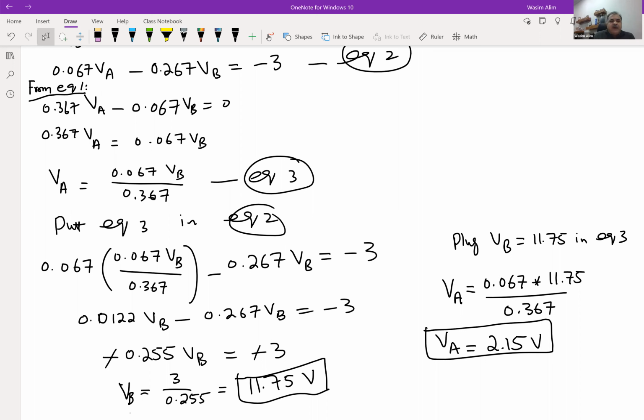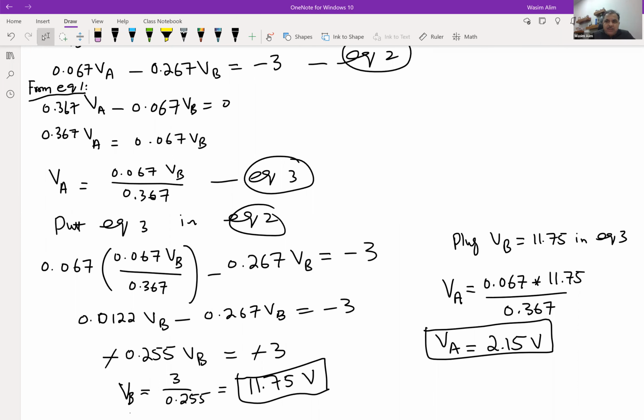Then I derived v sub a from there. But again, it was not the final value. It was just in terms of v sub b, and I assigned an equation number to that because then I can come back to it and find the value once I determine the value of v sub b. Then I take this value and put it into the equation that I have not touched yet.